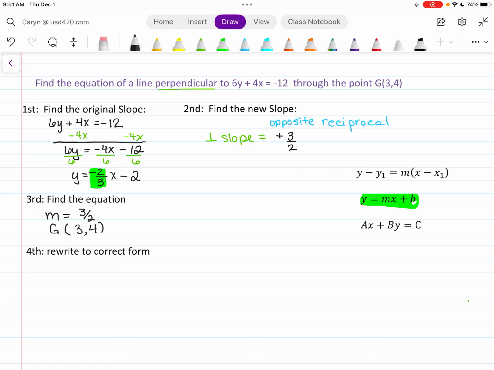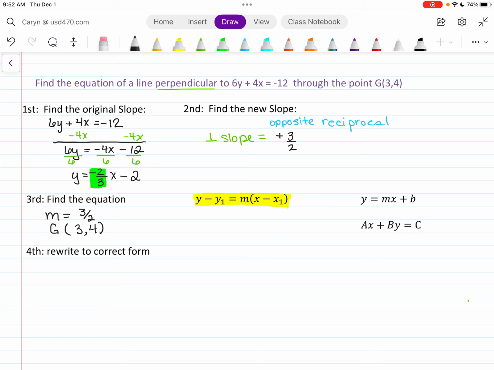Now let's look at our three lines. We have three forms of a line. Now it doesn't matter whether they asked me to put it in standard form or they asked me to write it in slope-intercept form. We will always start with this form right here. That gets us our initial equation. So I'm going to take that one and let's move it over here and use it.